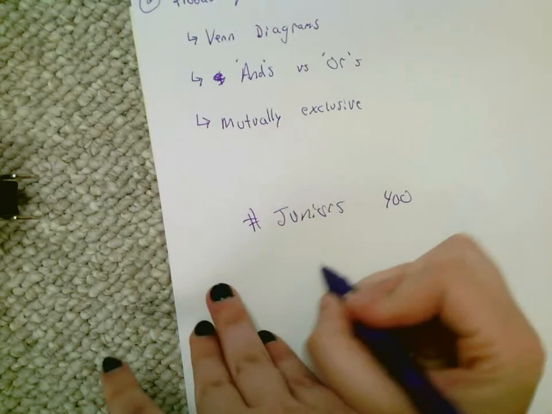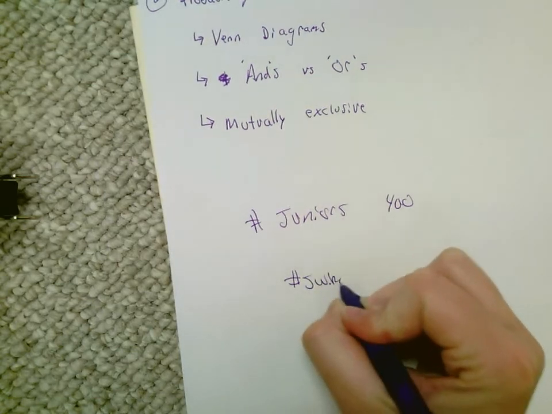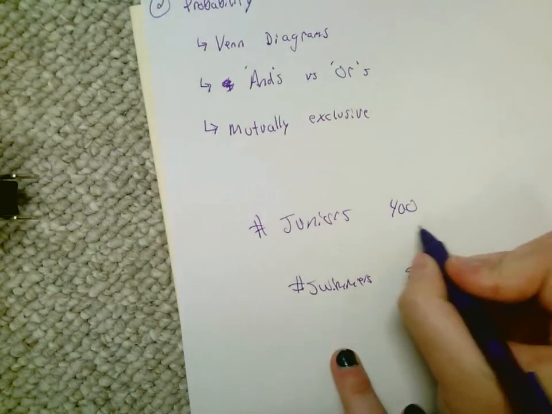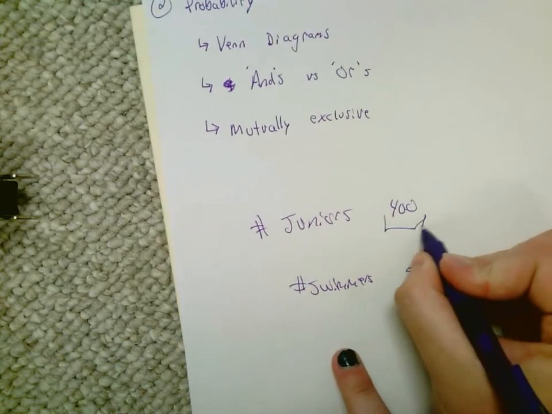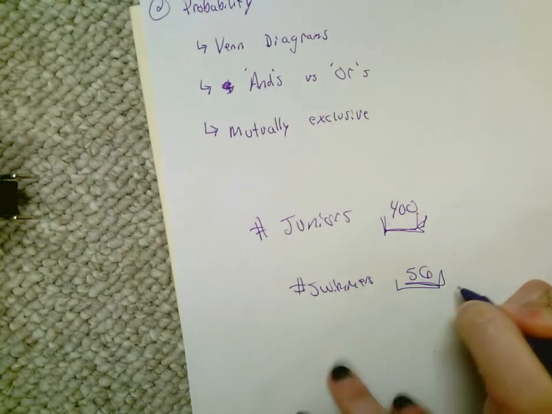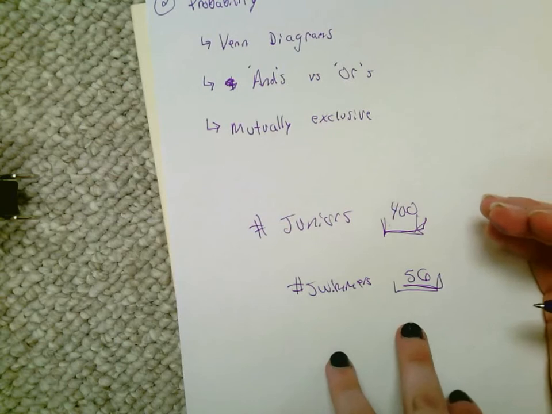And then I say, what's the number of people that are swimmers? And maybe I have 56 swimmers. The thing is, some of those juniors might be swimmers, okay? So those two events are not mutually exclusive.